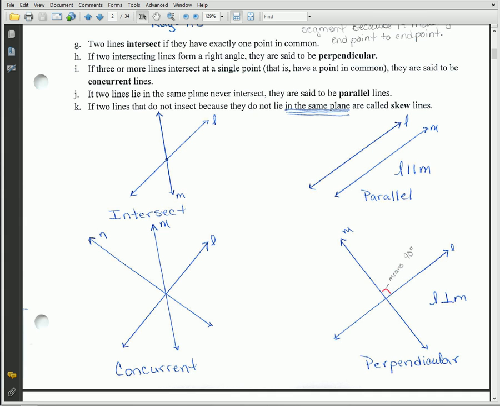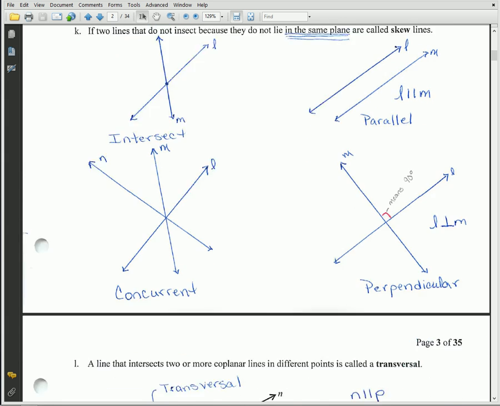Two lines that are skew are not in the same plane. And there are pictures of all of them except for skew. The best way I have to describe skew lines, we'll look at in the homework where we'll have a cube and we'll talk about different lines on the cube and whether or not they're skew or not.